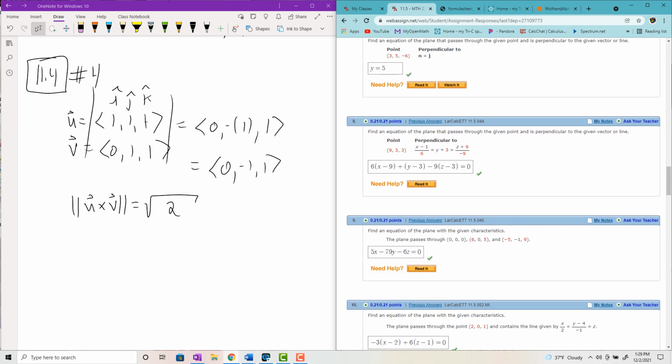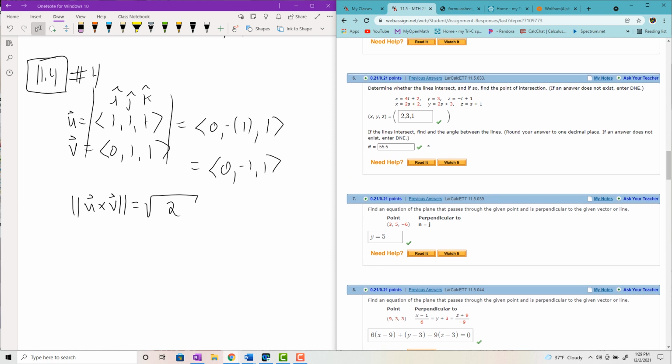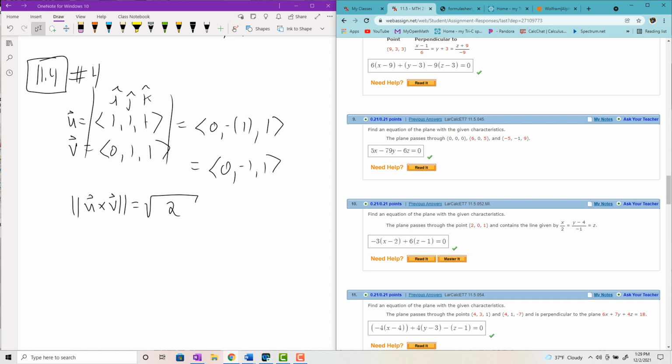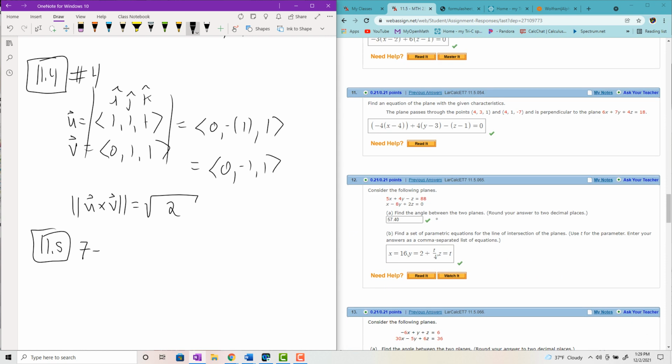Given some information, you have to be able to figure out the equation of a plane. So number 7, 8, 9. What am I looking at? 11.5, number 7 to 11, I guess. And it's usually pretty easy.